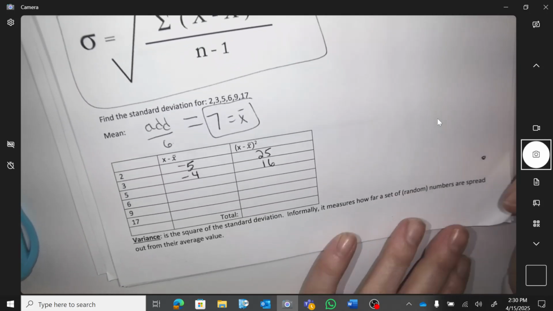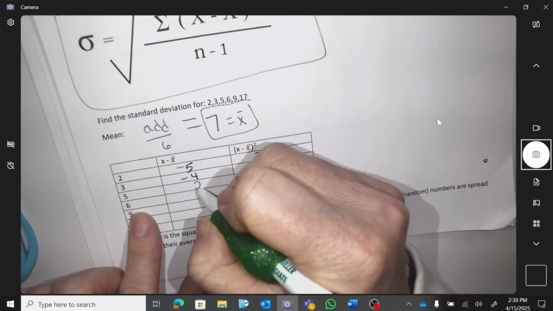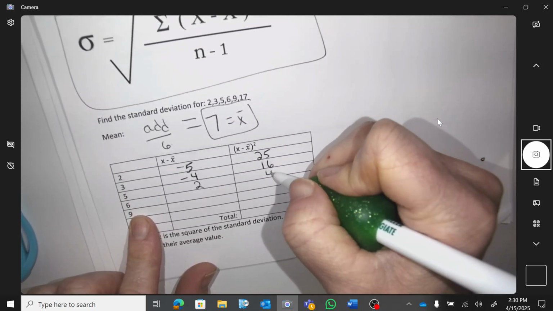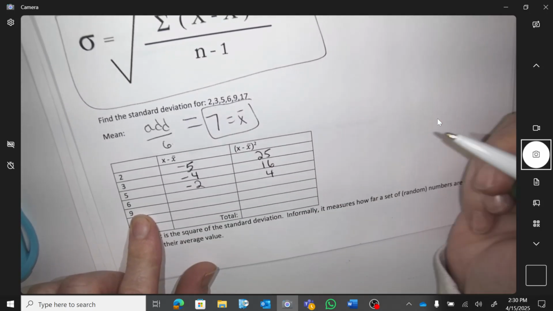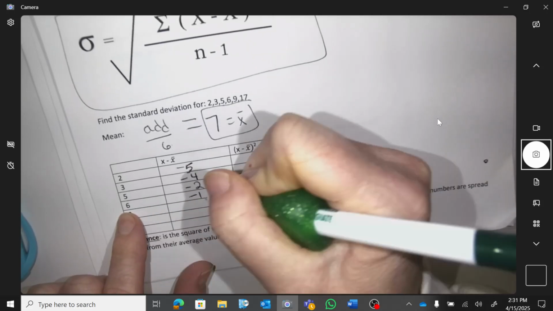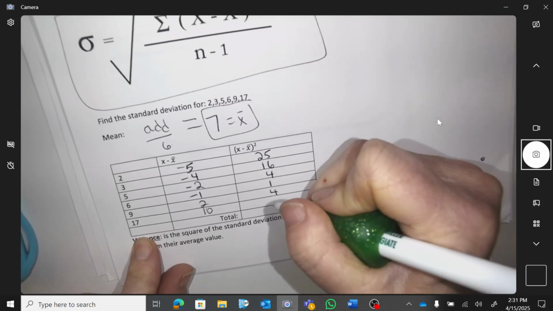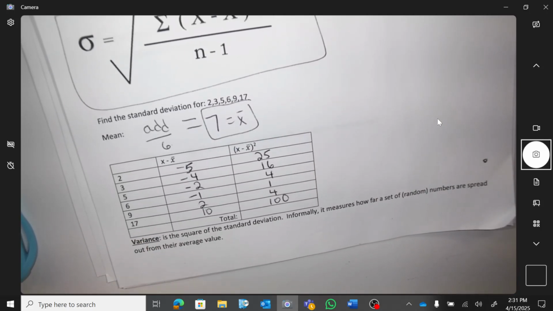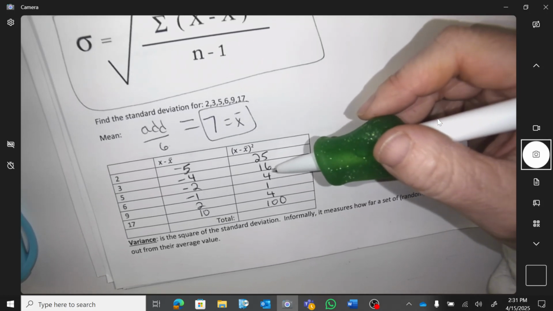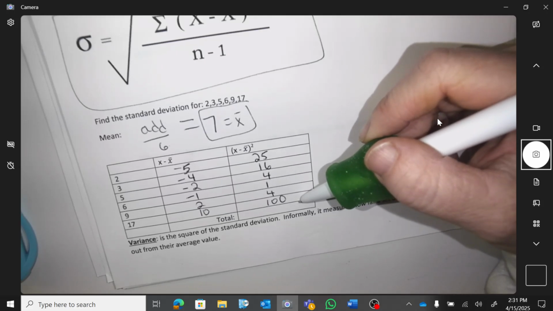Finish that out. Okay, so we had 25, 16, 4, 4, 1, 100.